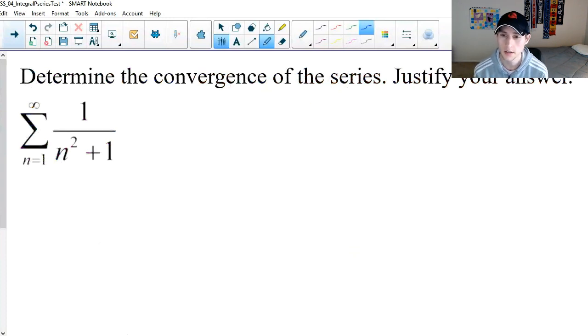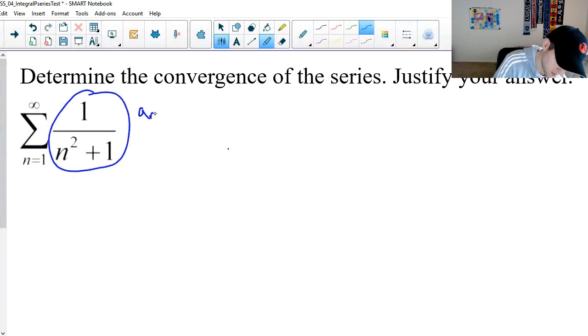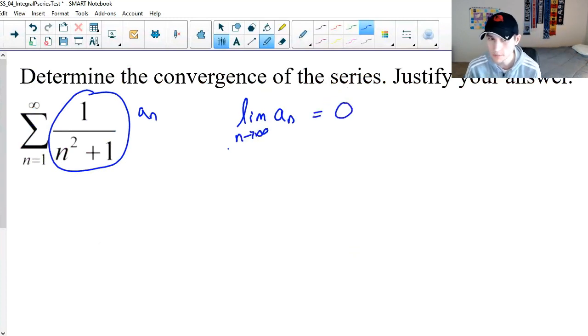So determine the convergence of the series. Justify your answer. All right. So if we tried to do the nth term test on this, this limit is 0. So the nth term test tells us nothing. Whenever we're figuring out if a series diverges or converges, we don't really know off the top what rule we should use.